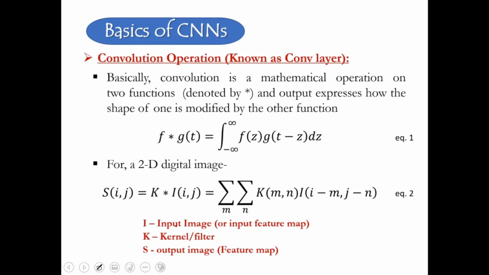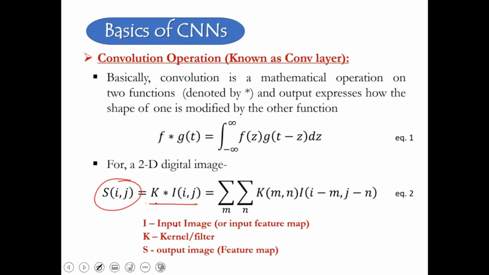But in the case of a 2D image, because it is a digital image, all the values are discrete. So the equation will be reduced to this one. This is the output image. We are applying some operation and getting some output image.